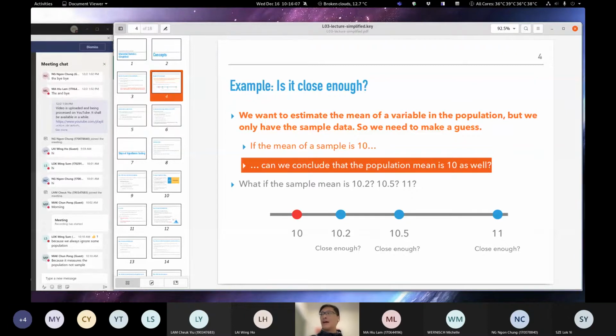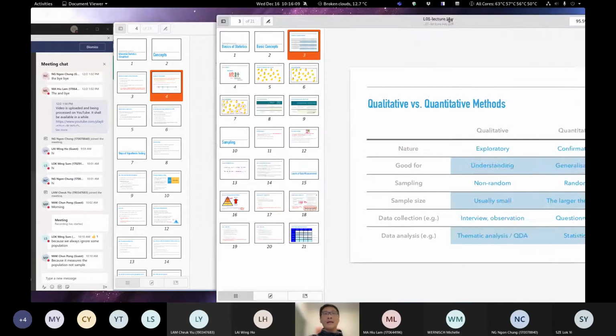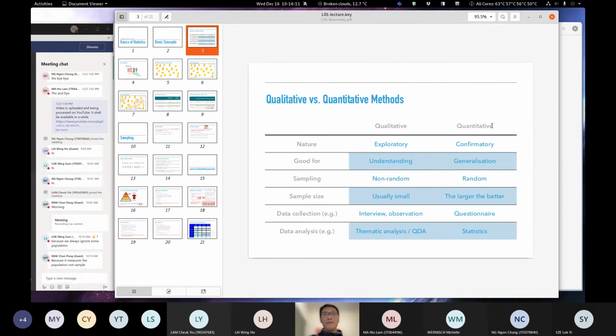Remember that in our first class, we said that the quantitative method is more confirmatory. Confirmatory means that you already have some idea in your mind, but you want to try to prove this idea, or you try to confirm this idea using your data. So that is what we call confirmatory. We already have some idea. Where does the idea come from?